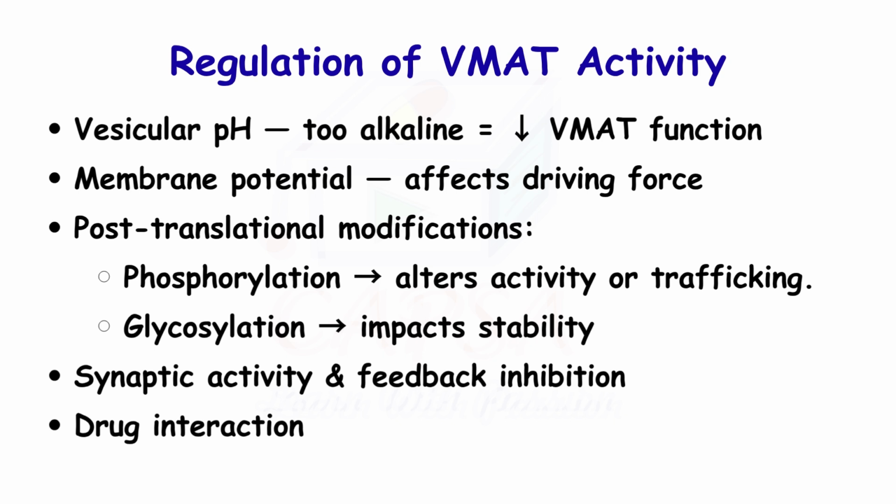VMAT activity is tightly regulated to meet the neuronal demand for neurotransmitter storage. One major factor is vesicular pH. If the vesicle interior becomes less acidic, the proton gradient weakens and VMAT efficiency drops.